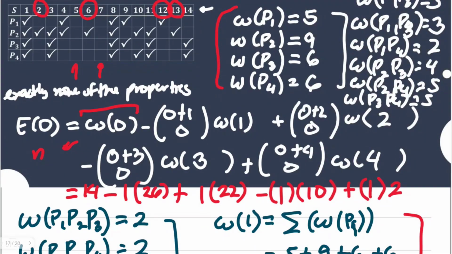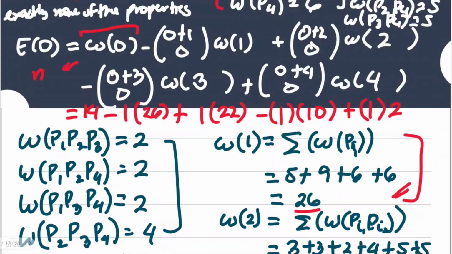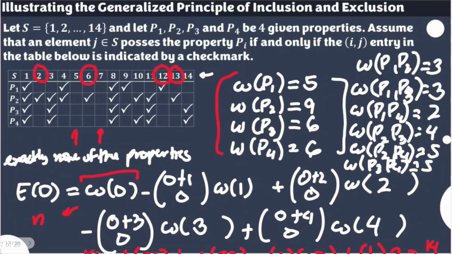So this would become equal to, sorry, I don't have much space. I hope this is still okay with you. So you have 14 minus 26 plus 22 minus 10 plus 2. Let's try. 14 minus 26 plus 22 minus 10 plus 2. Your answer is 2. And it really corresponds to this.